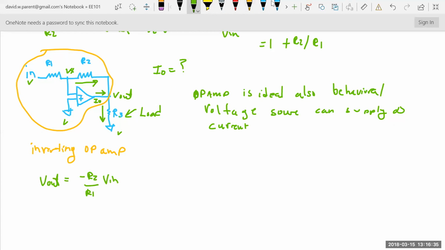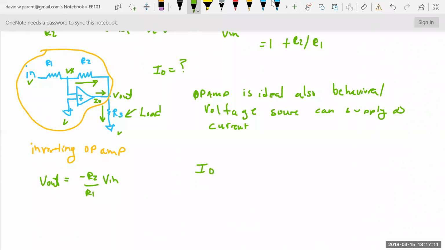And if I was asking you what the current through here is, it'd be whatever V out is divided by R3, right? I've got it pointed in the opposite direction, but you could just do it. But we're talking about I out coming out of the op-amp. So I out is coming into that node, right?